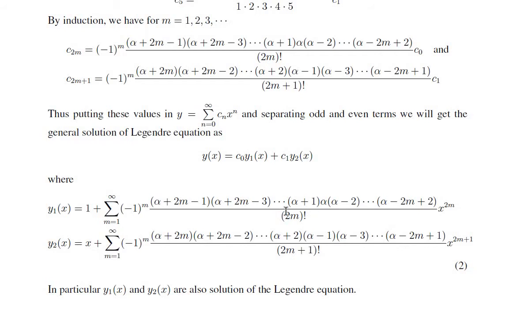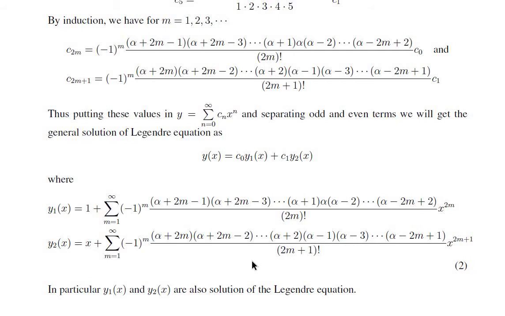So if we assume that alpha is a natural number, then when alpha is even, this series will get terminated, and when alpha is odd, this series will get terminated. That is, if alpha is even, this is a polynomial, and if alpha is odd, this is a polynomial. So y1, y2 are solutions of this Legendre equation.